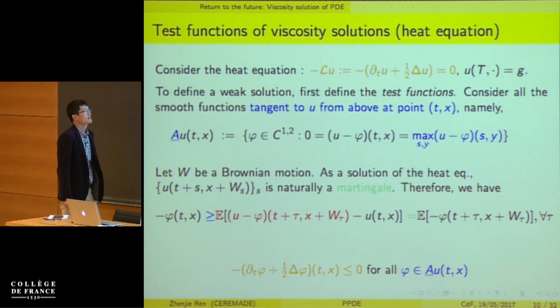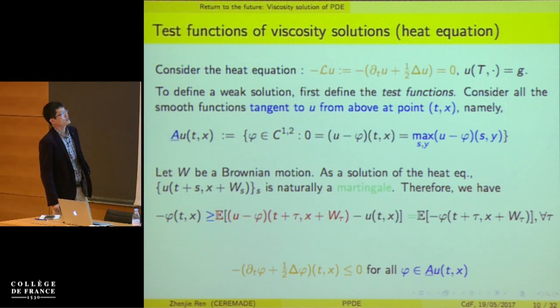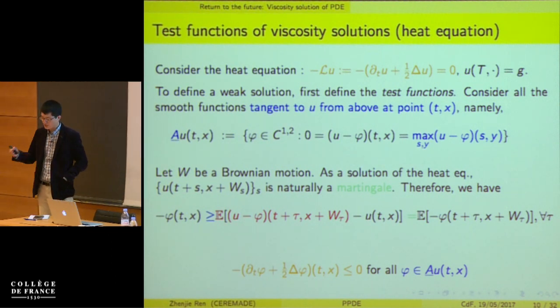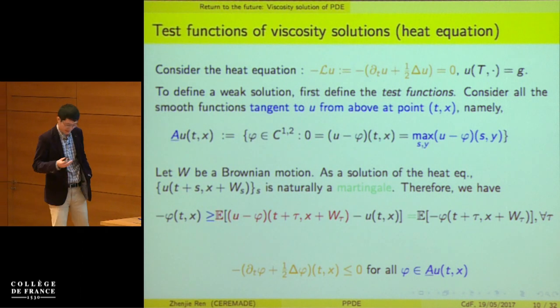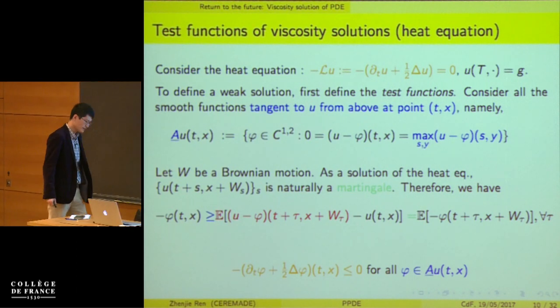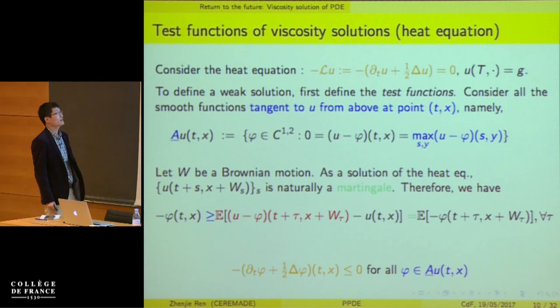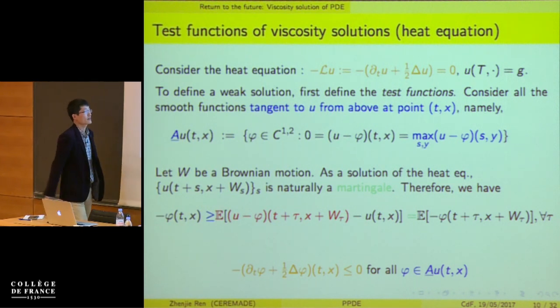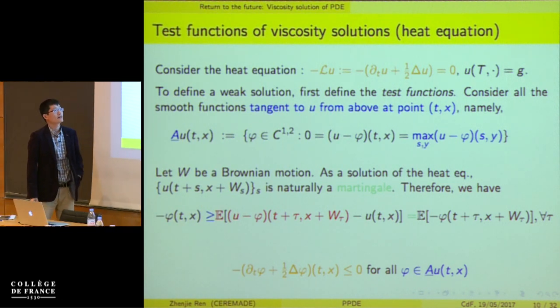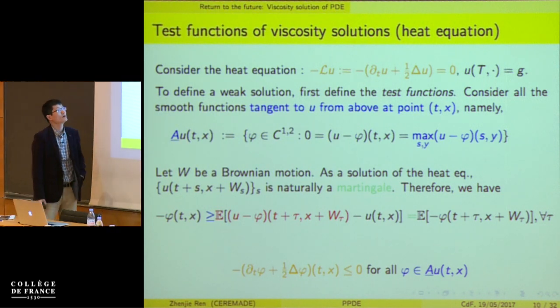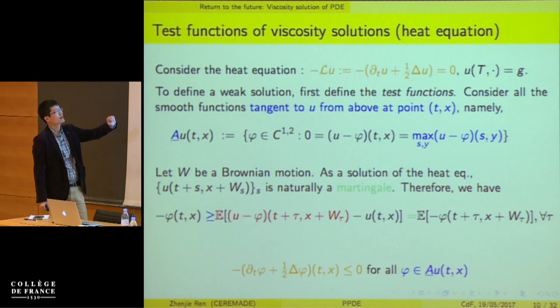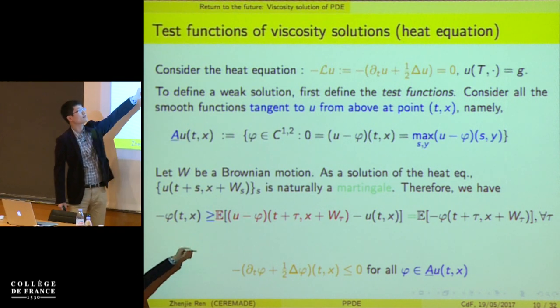Since U is a solution of the heat equation, it must be the conditional expectation of some utility function. So this process is naturally a martingale. And then we use the property of test function phi for the first inequality.